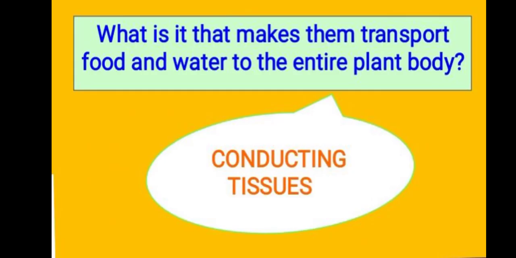What is it that makes them transport food and water to the entire plant body? Of course, conducting tissues. They have a specialized form of tissues to carry out these functions. These tissues are called vascular tissues or conducting tissues.